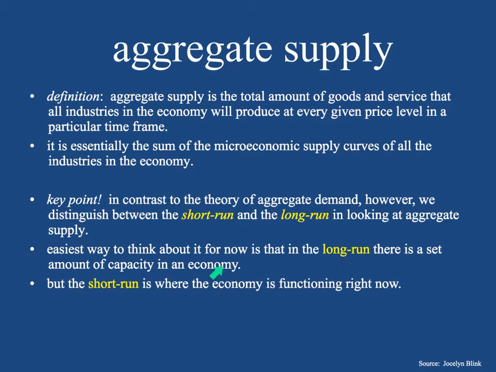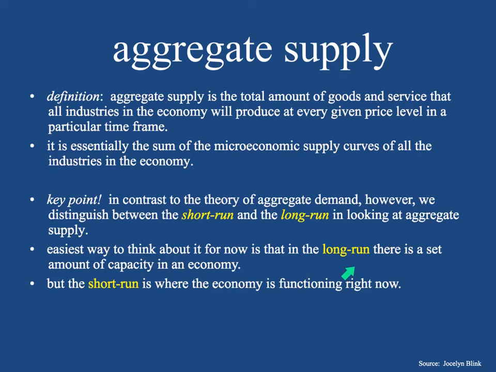But if there is just one pizza oven not working, or more likely hundreds of pizza ovens in Chile not working, then in the short run, that's where the economy is functioning right now. Okay, so we have these two ideas divided out. The short run is what's happening right now, and the long run in the aggregate supply model means that there's a set capacity in an economy, based on the quantity and the quality of factors of production.